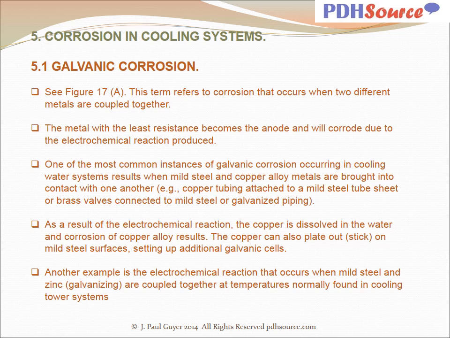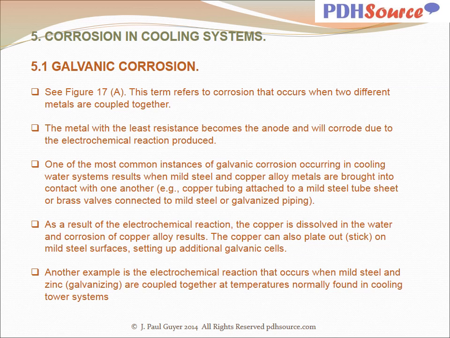With regard to galvanic corrosion, the term refers to corrosion that occurs when two different metals are coupled together. The metal with the least resistance becomes the anode and will corrode due to the electrochemical reaction produced. One of the most common instances of galvanic corrosion occurring in cooling water systems results when mild steel and copper alloy metals are brought into contact with one another.